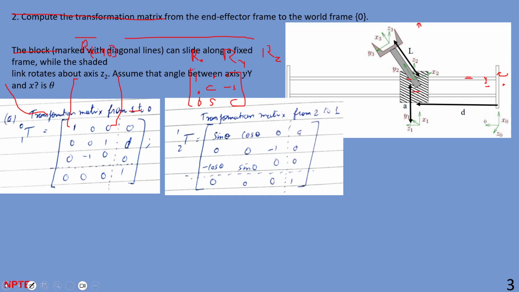Let's say you rotate along Y1, applying the right hand rule. If you rotate clockwise along the y1 direction, then your z1 will be aligned to z2, right?